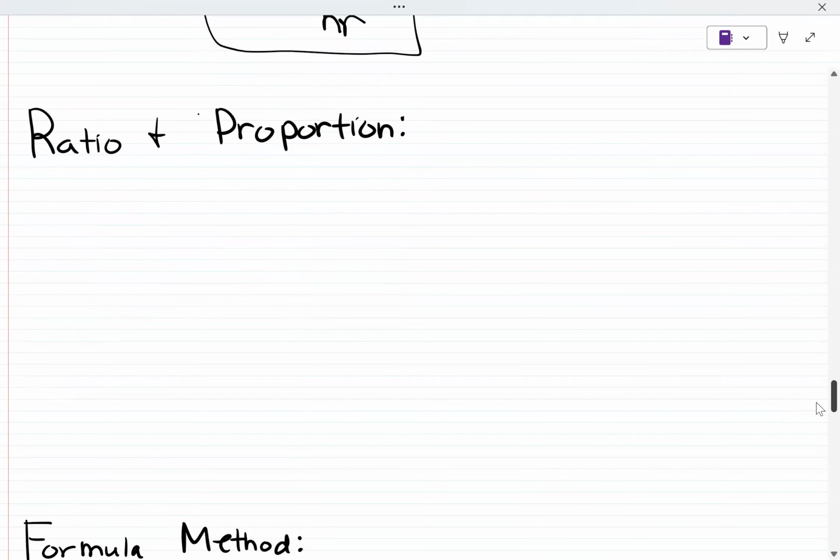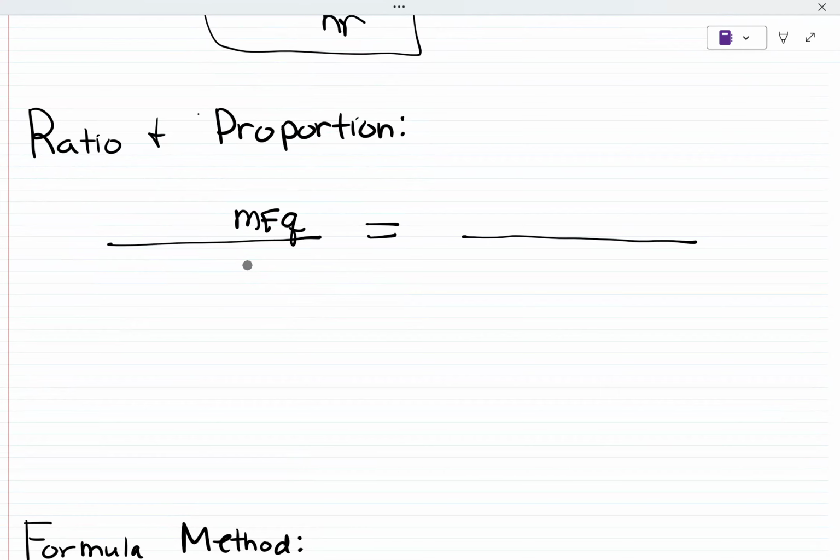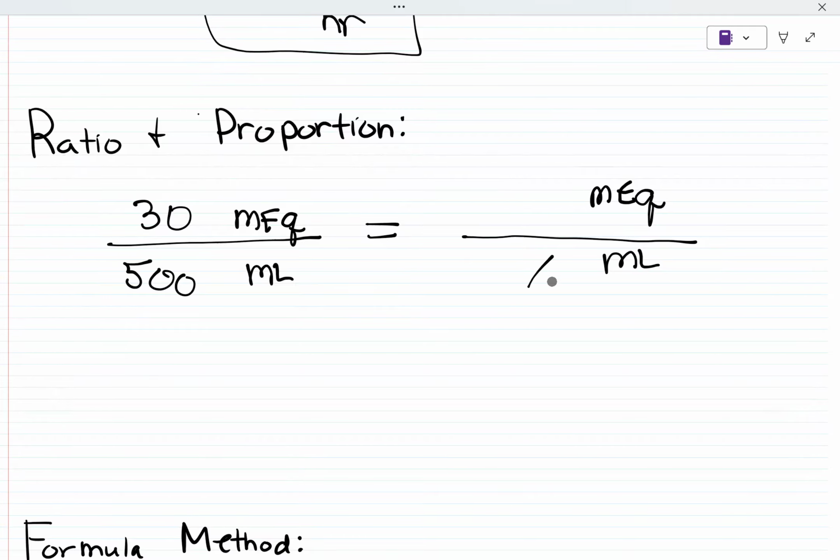Now let's do the same problem using ratio and proportion. So write out your two fractions. You could put mEq on the top and milliliters on the bottom, or vice versa, mL on the top and mEq on the bottom. If you do that, just make sure this aligns with the top. So this has to be mEq and this has to be mL. For 30 mEq, we were given 500 milliliters, and then we want to know how many milliliters, that's our unknown, for 10 mEq.